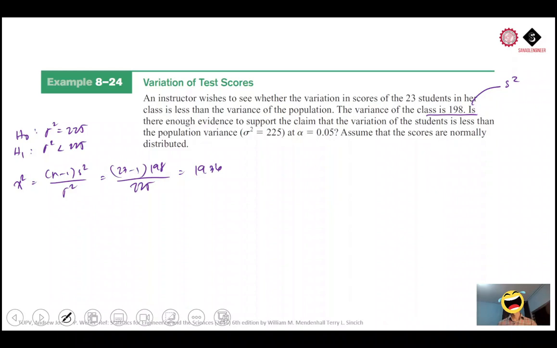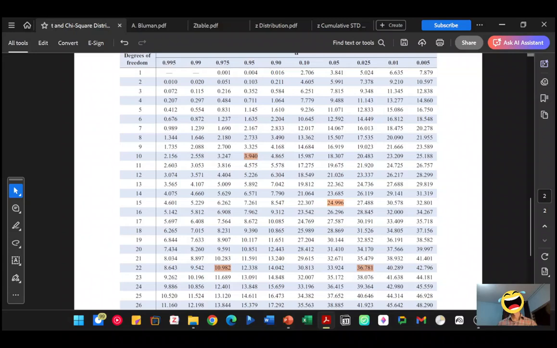What is the question? Is there enough evidence to support the claim that the variation of the students is less than the population? At 0.05, less than, so let's draw it. This is the 0.05. Okay, degrees of freedom is 22. So let's look at table G, 22 and 0.05. Since it is on the left, we should look for 0.95. 0.95 is here, and 22.